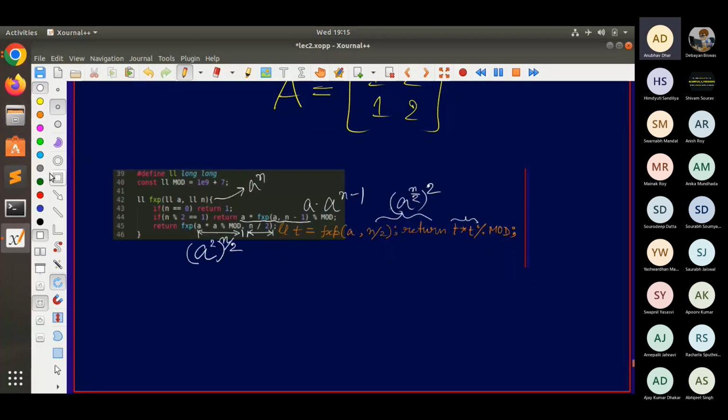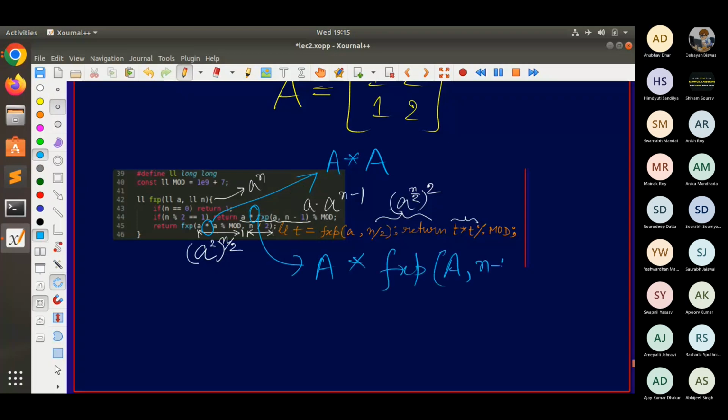Instead of these multiplications over here, we can just multiply them as matrices, right? For this one, you can multiply it as a, comma, minus 1. So yeah, matrix multiplication, then you need to define what matrix multiplication is.